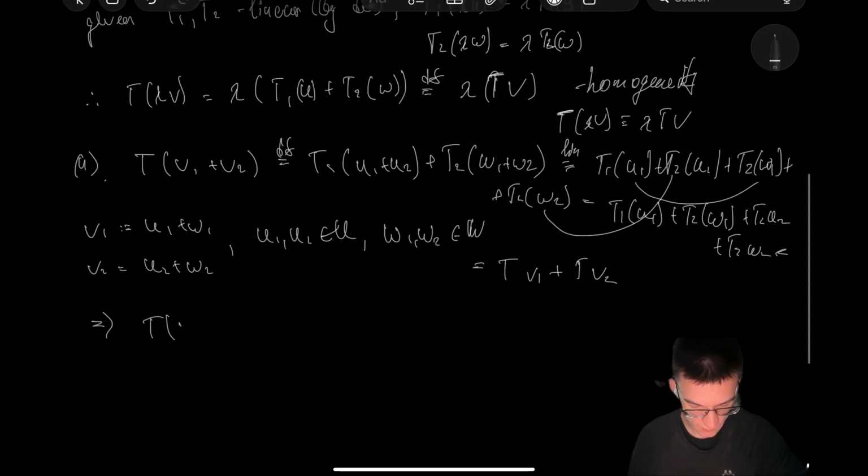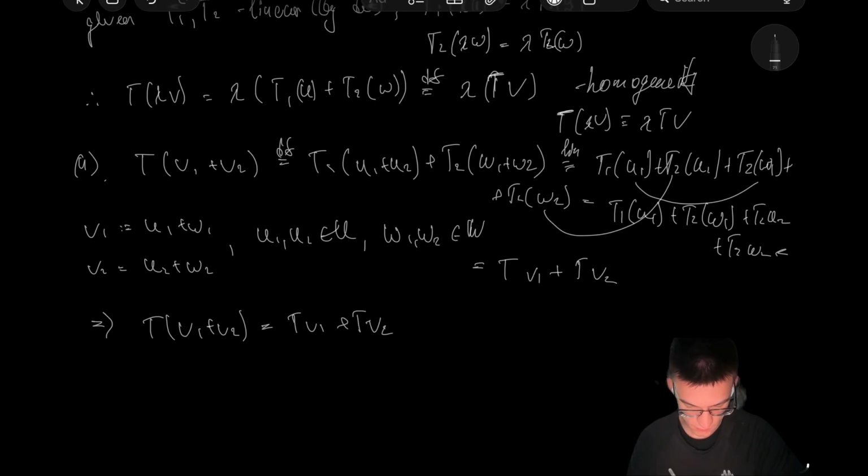Therefore, our T of v1 plus v2 equals T v1 plus T v2. This is additivity. Additivity is proven as well. And consequently, we can conclude that T is linear.